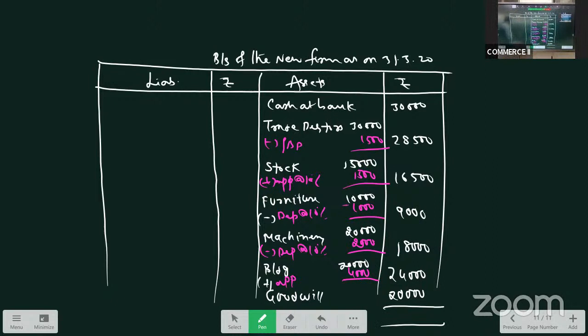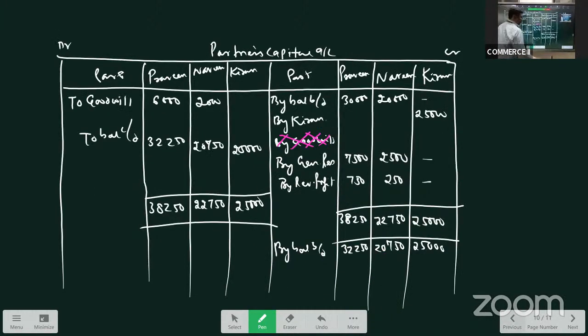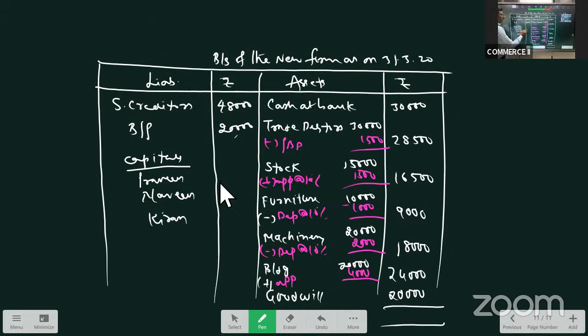Right? Now on the liability side, we have sundry creditors, no change, as it is. How much? 48,000. Bills payable, no change. General reserve is distributed. Take the capitals of Praveen, Naveen, and Kiran. We have prepared the ledger accounts now. Just now, 32,250, 20,750, and 25,000.